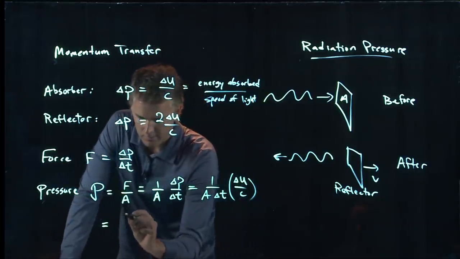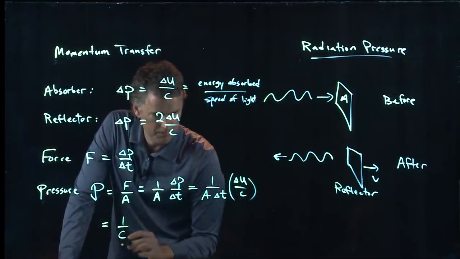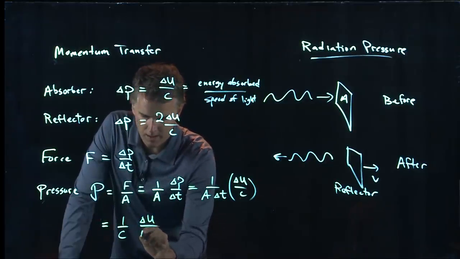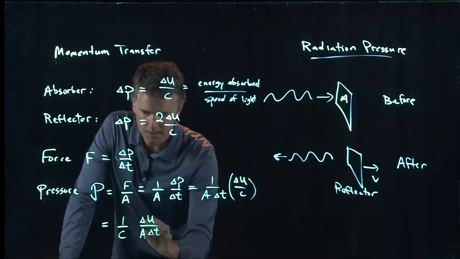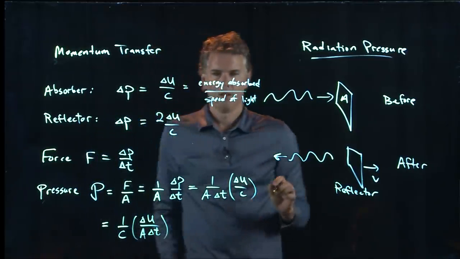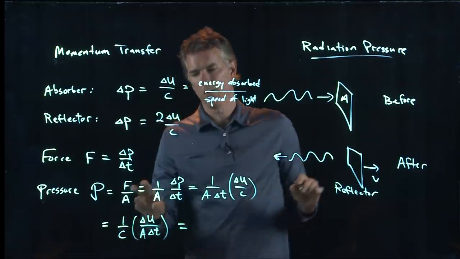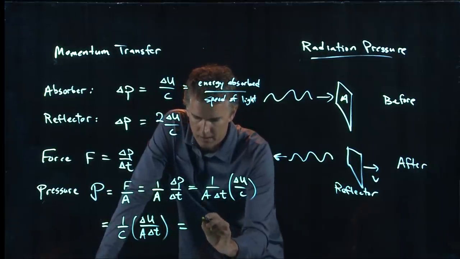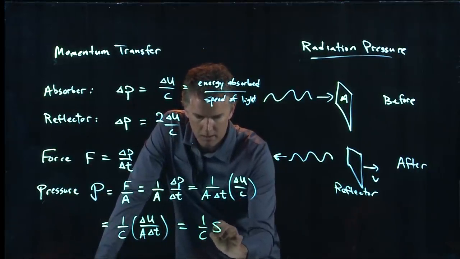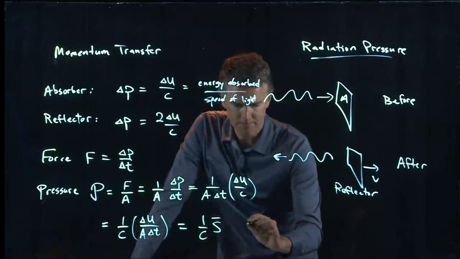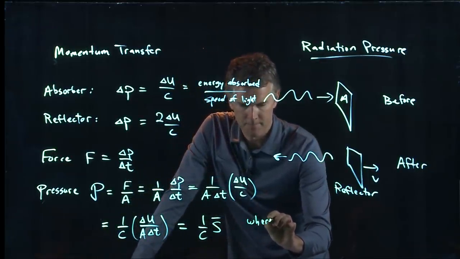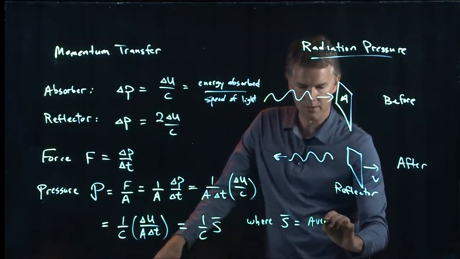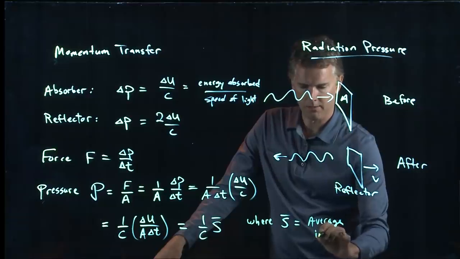And we can write it as the following. 1 over C times delta U over A delta T. But we know exactly what this stuff is. This is our good old intensity. And so this whole thing simplifies to that, where S bar is our average intensity.